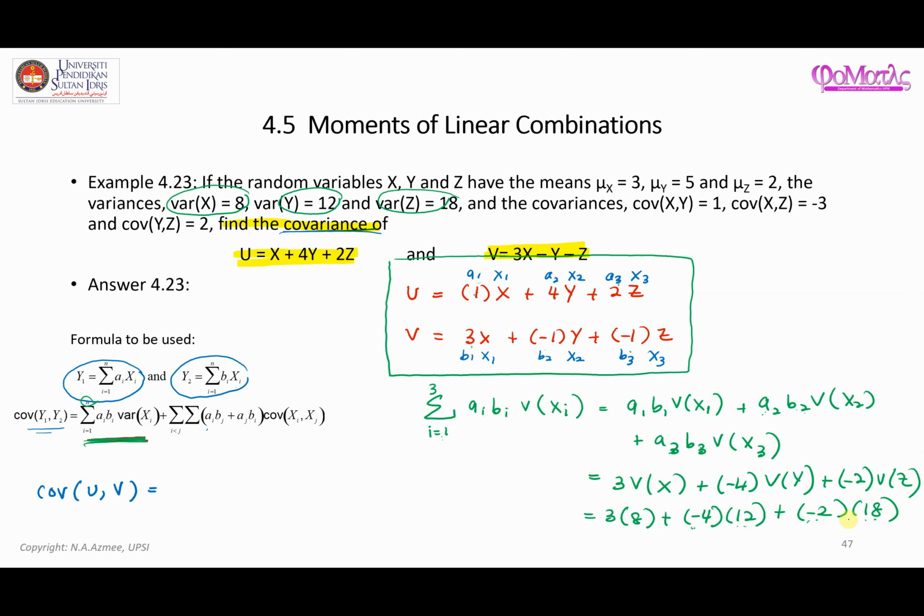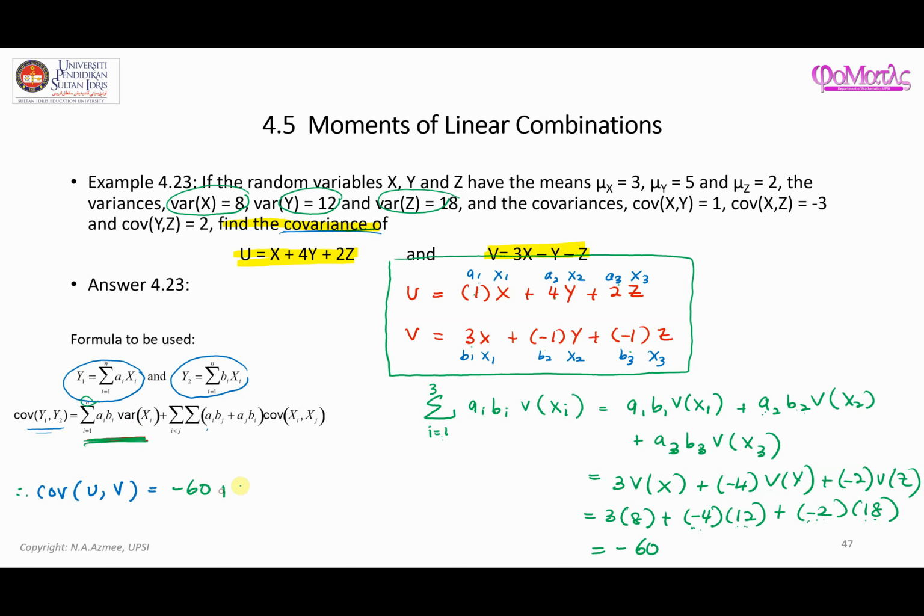Then we add them up: 3 times 8 is 24, negative 48, negative 36. So 48 plus 36 is 84, minus 24, that is equal to negative 60. So that's the first part. Therefore, the covariance of UV is equal to negative 60 for the first part.